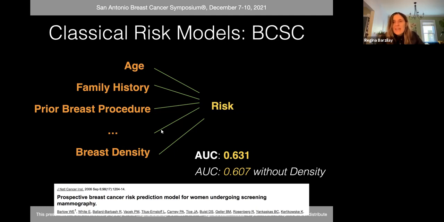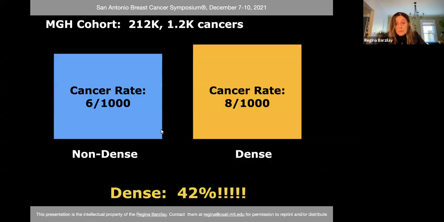Density tries to see what are the patterns in the image that are predictive of future cancer. However, we can look at a traditional risk assessment model, and we can see that if you add density, you get some boost, but it's a relatively limited boost. There is clearly something in this biomarker, there is no doubt.